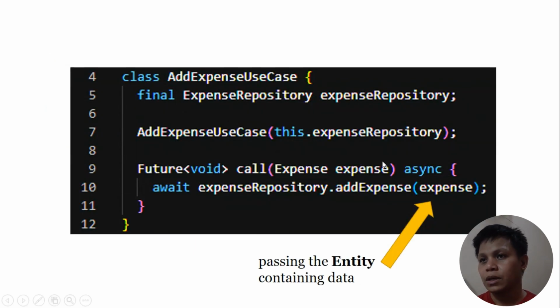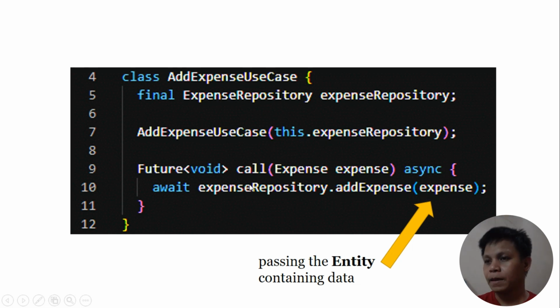In other words, the use case is the one that's redirecting where the data from the presentation layer goes. In this case, it is going to pass this entity that contains the data to the repository.